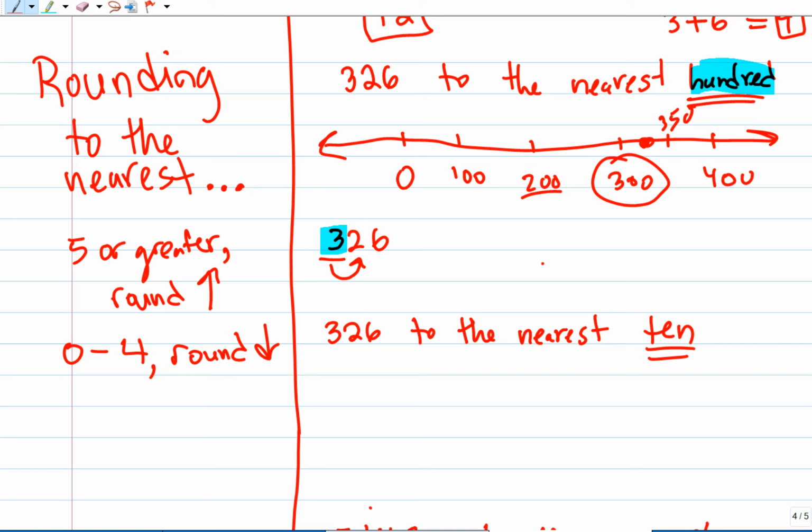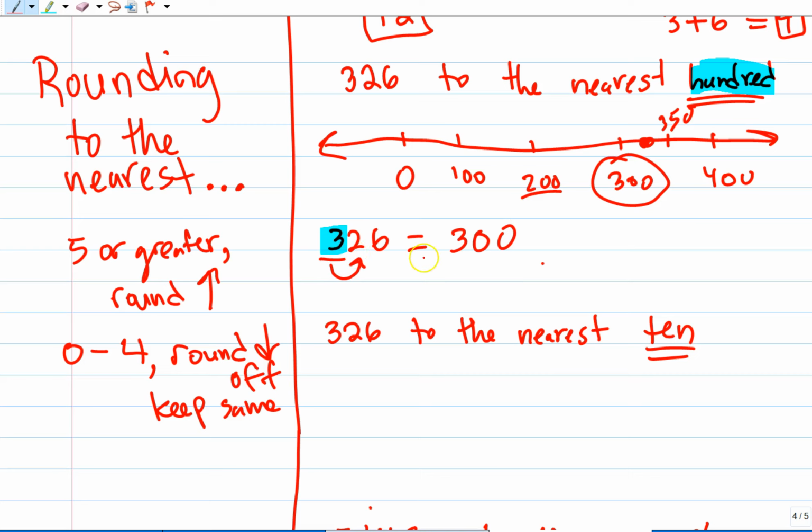Well, when we round down, we're basically rounding off everything, and we are keeping the value the same. So what ends up happening is we round off everything after that 3, and it becomes a 3, 0, 0. That 3 doesn't really go down.